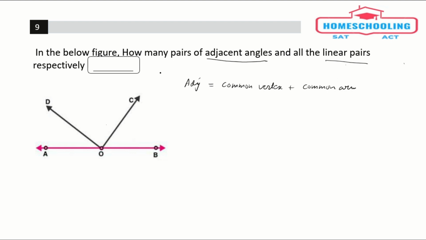So let's find how many pairs we can have. Let's take this one first. O is the common vertex and OC is the common arm. So we can have two angles like this.